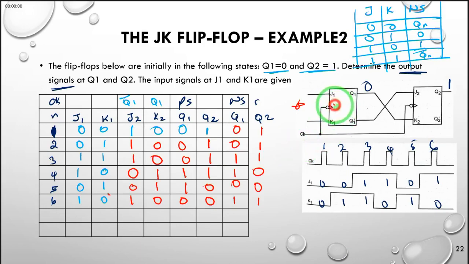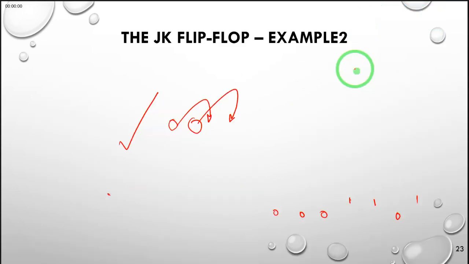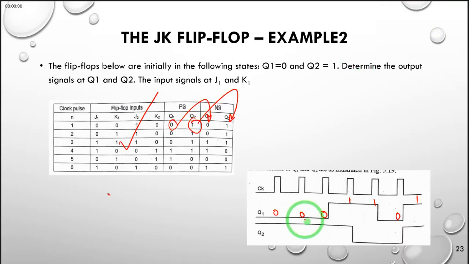What we observe here, and that is very important, is that these flip-flops are negative edge triggered. You can see these are negative edge triggered. Therefore, as much as the inputs are not syncing with the changes in the clock pulses, the outputs of the flip-flops are happening at the negative edge of our clock pulse.